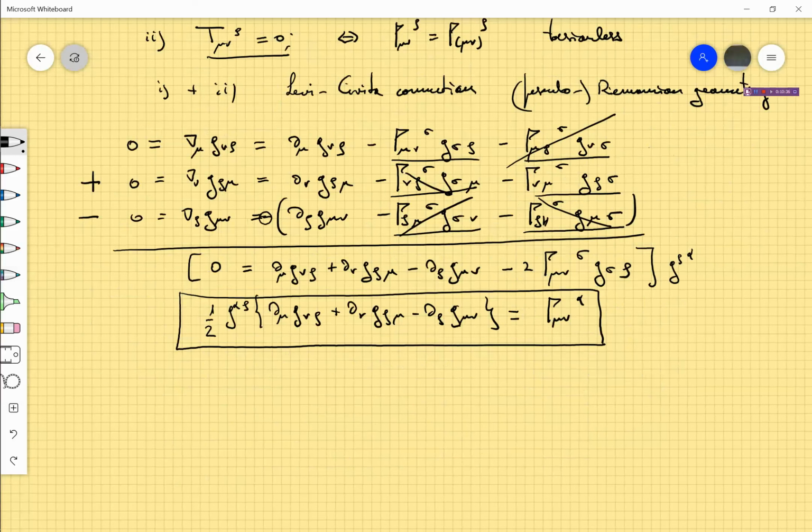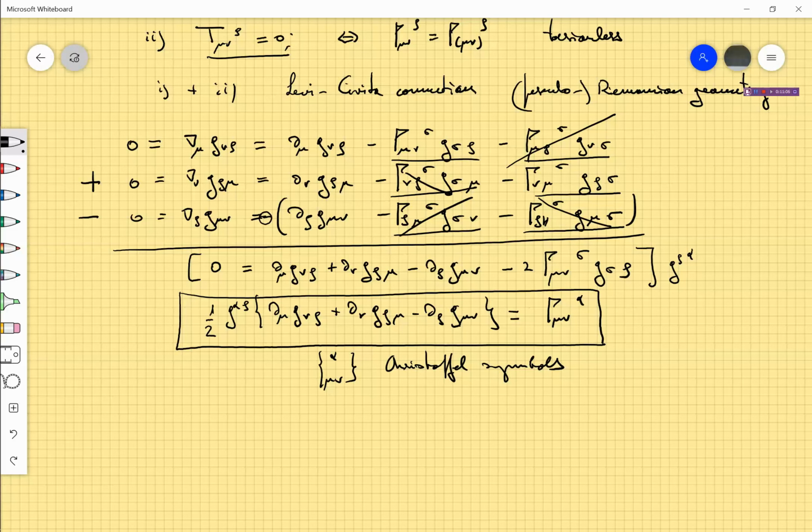This combination of partial derivatives and so on, well, they are denoted by this. These are called the Christoffel symbols. Okay, so the components of the Levi-Civita connection are given by the Christoffel symbols in some coordinate patch.